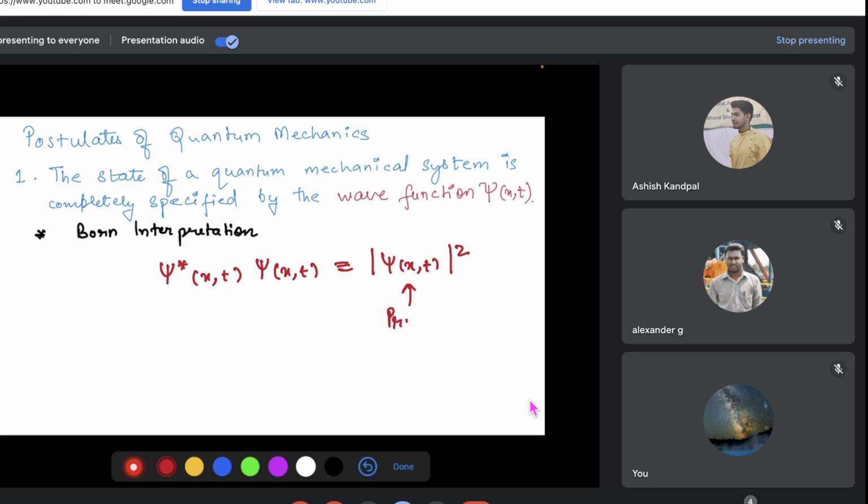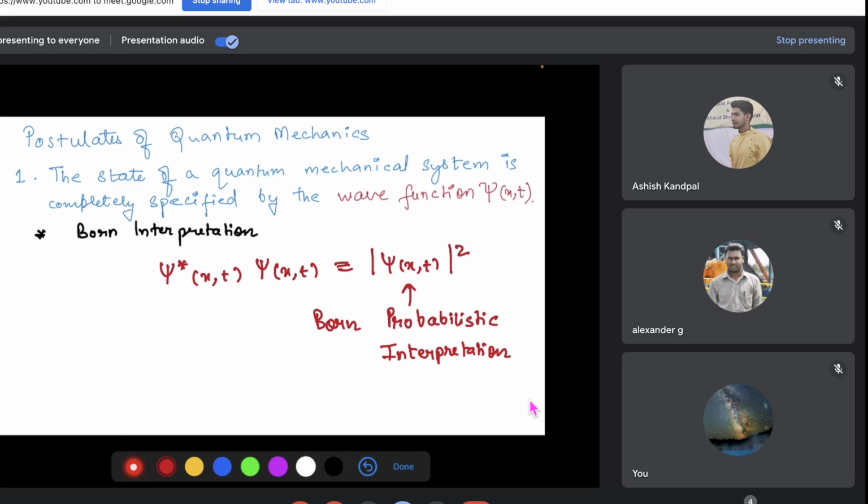This is what we call the Born probabilistic interpretation. So this says that the wave function, which contains all the information, although it itself does not have a physical meaning, when psi star is multiplied with psi, gives the mod square of the wave function psi.